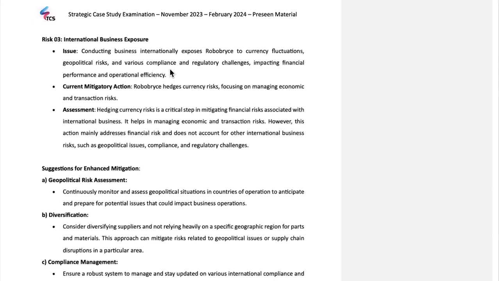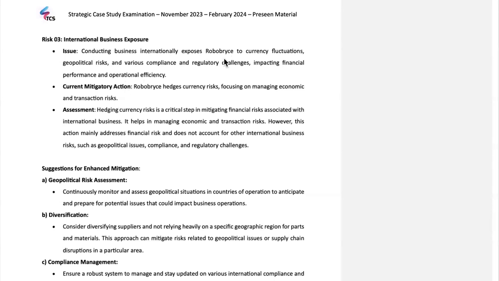So 3 main types of risks are identified under the 3rd type of risk. Let's try to figure out whether the company has addressed all these 3 types of risks when developing their risk mitigatory action. So the current mitigatory action is Robobryce hedges currency risks, focusing on managing economic and transaction risk.